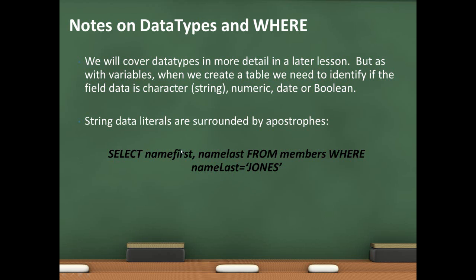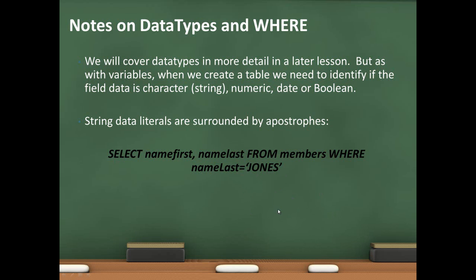So in this case, I'm looking for the people that have the last name of Jones, and I have to put apostrophes around it. If I fail to put apostrophes around it, it's going to come back and think that Jones is a column. It's going to think I'm asking where the name last column equals the Jones column. That's not at all what I want. So string literals are going to have apostrophes around them.